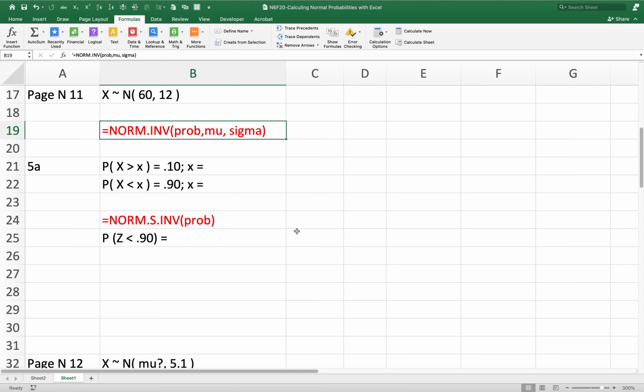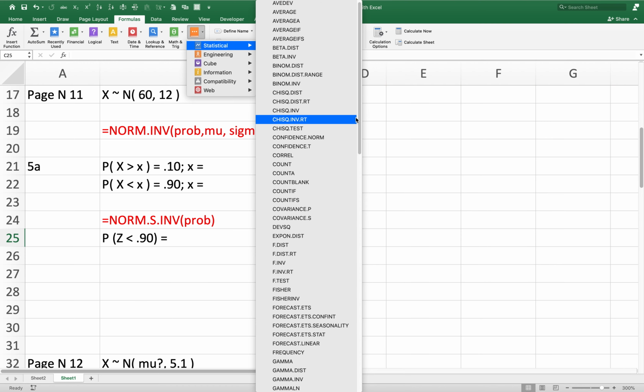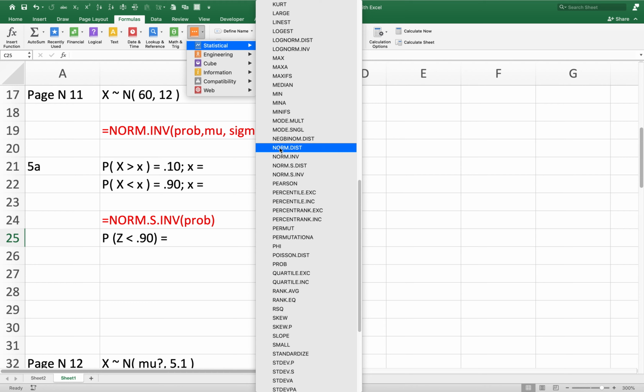Let's go and build that now. So I'm going to go right here, and I'm going to go for more functions, Statistical. And down here, we've looked at the NORM.DIST, the NORM.S.DIST. We're going to look now at the NORM.INV function, and then we'll briefly take a look at the NORM.S.INV function.